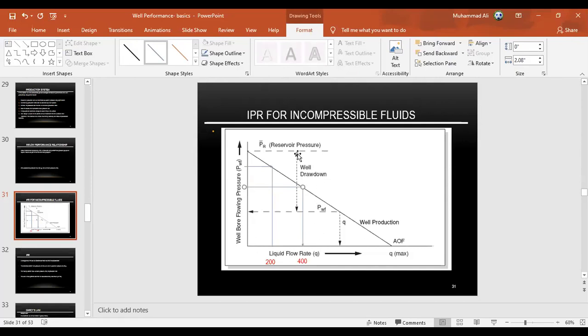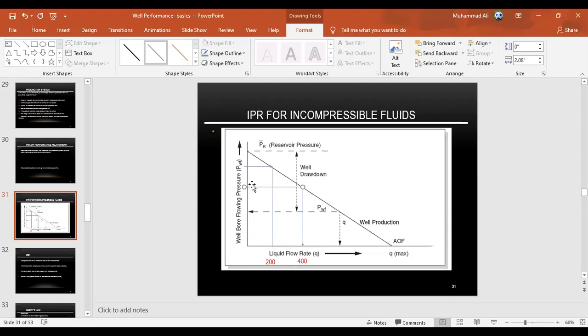This is the primary recovery. We are talking about initial stages of the well when there's good pressure and we are producing it. After some point, 5 years, 10 years, there will be no pressure in the well and there will be zero production rate. The well will be shut, and oil will not reach the surface. At that point, we do the enhanced oil recovery, not at the point when we have some flow rate and some pressure.